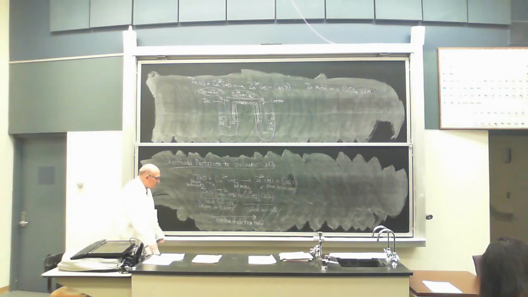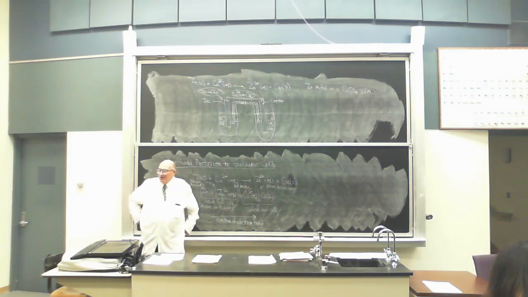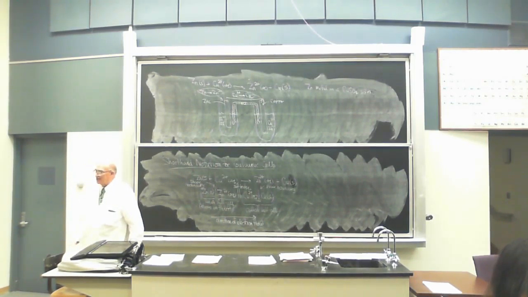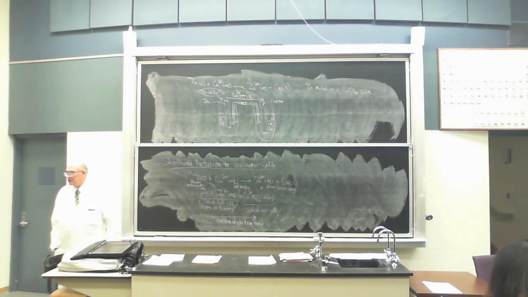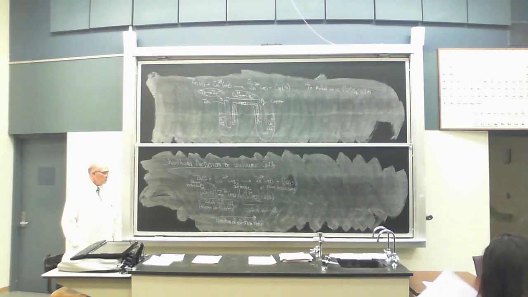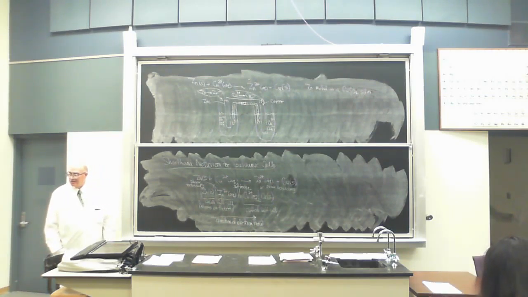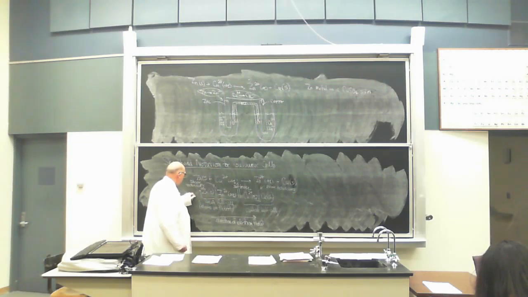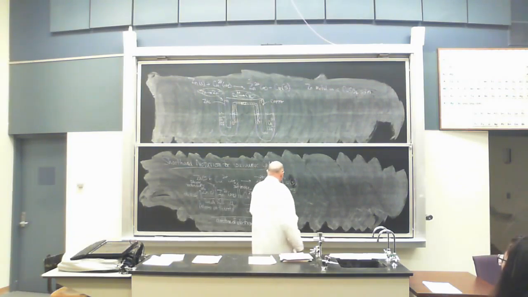Now, in this particular cell, the electrodes are reactive electrodes. We got a zinc electrode and a copper electrode. And the zinc electrode is immersed in a zinc ion containing solution. And the copper electrode is immersed in a copper ion containing solution. So this here is the electrode. And this is the electrode.